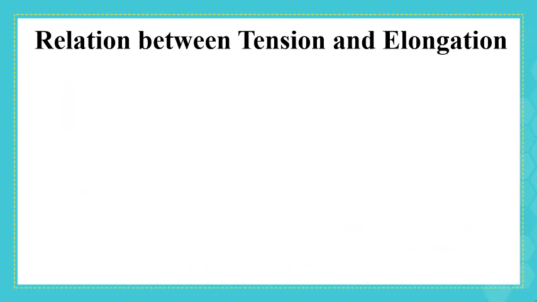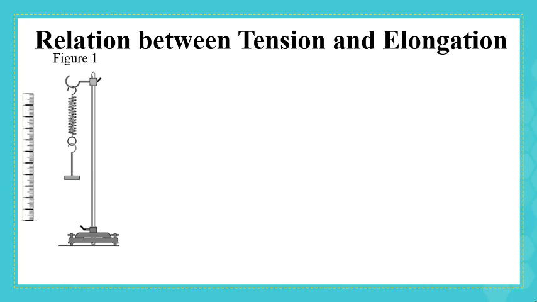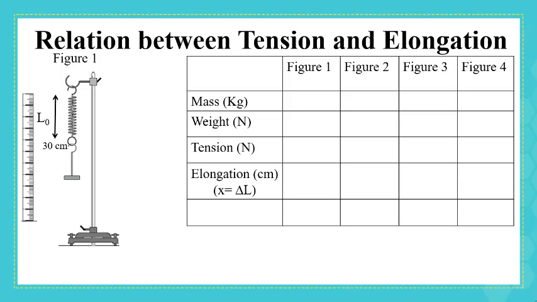Let's start finding the relation between the tension and the elongation. This is the spring. Its free length is L0 equal 30 centimeters. Then let's fill this table. In the first figure, this is the first case, there's no mass here, so the mass is equal to 0 kilogram.